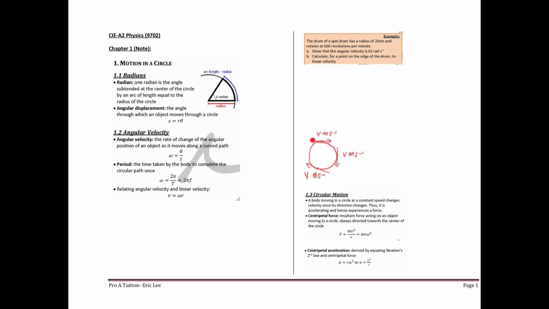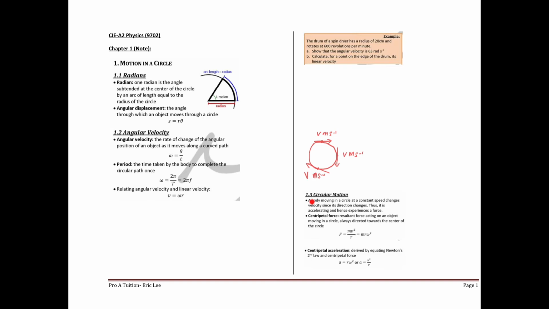But as you can see, the directions are not the same. When it's here, the direction is to the right. When it's here, the direction is downwards. And when it is here, the direction is like this. Since it has different directions, the velocity is not constant, although the speed is constant. It has a constant magnitude but different direction, and hence the velocity changes.